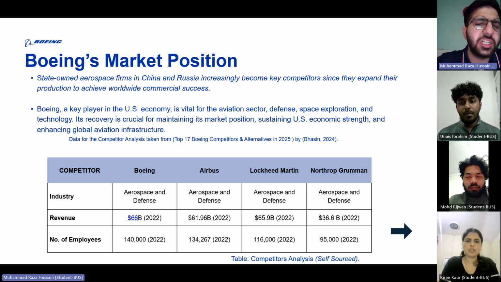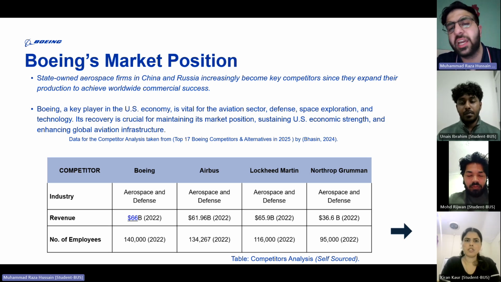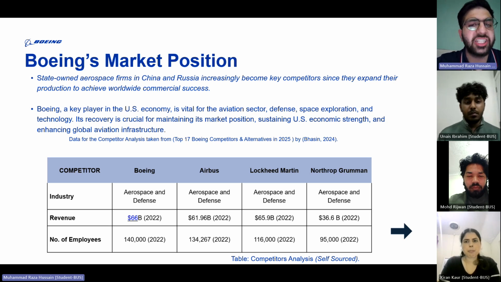Despite recent setbacks, competitors include Lockheed Martin, BAE Systems, and different companies in Russia and China competing with Boeing in commercial aircraft.